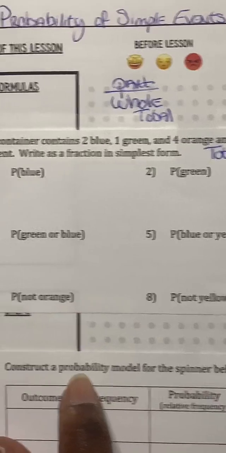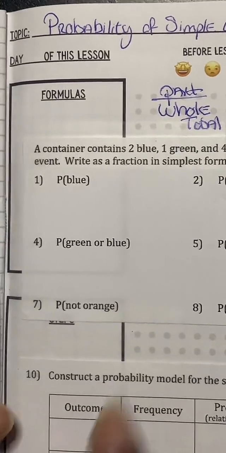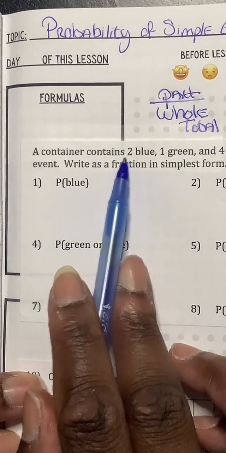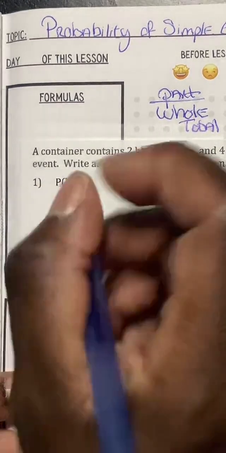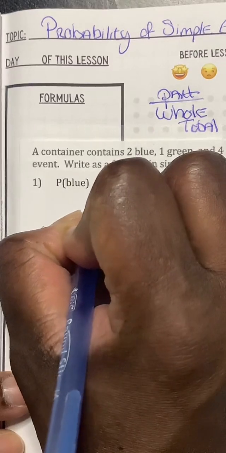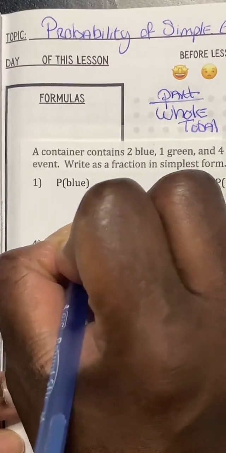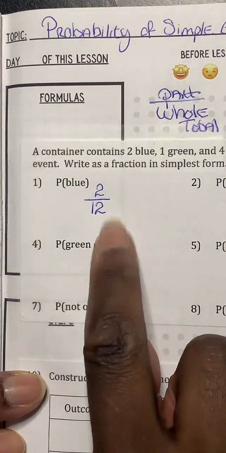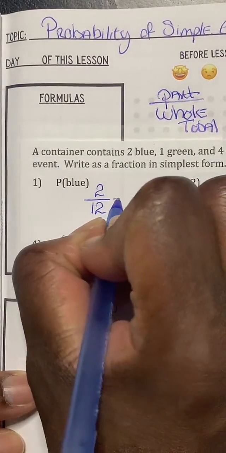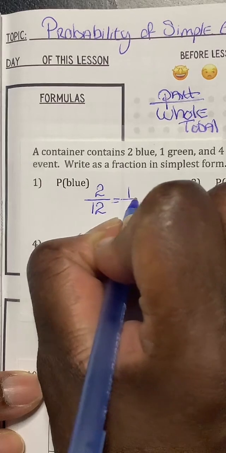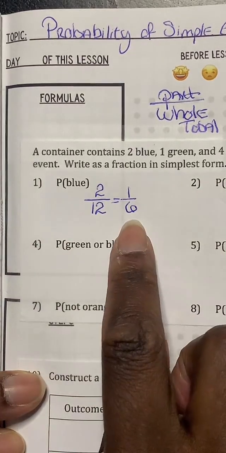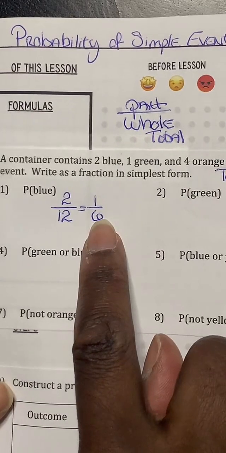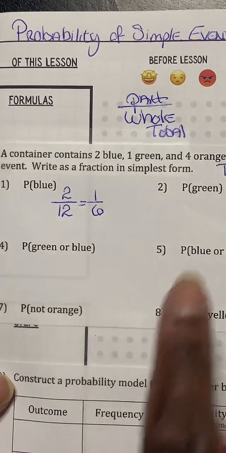The probability of getting a blue: we have 2 blues and the total amount is 12, so we got 2 out of 12. But this can be simplified to 1/6. So the probability of getting a blue out of all these marbles is 1 out of 6.